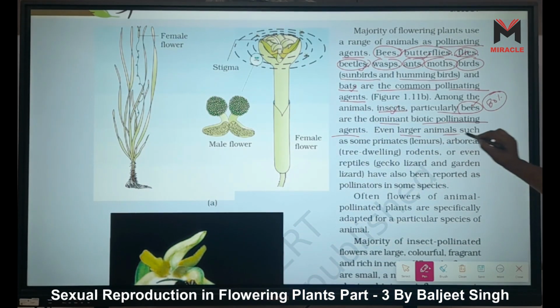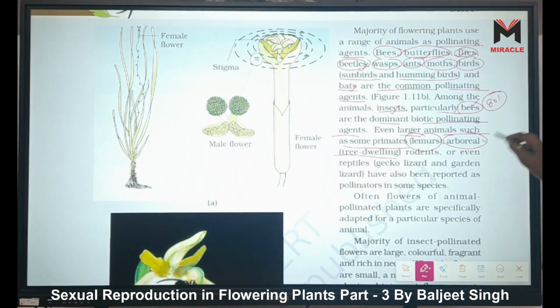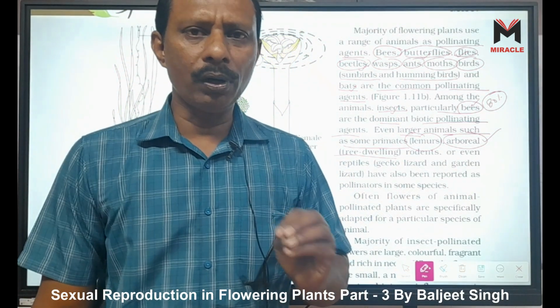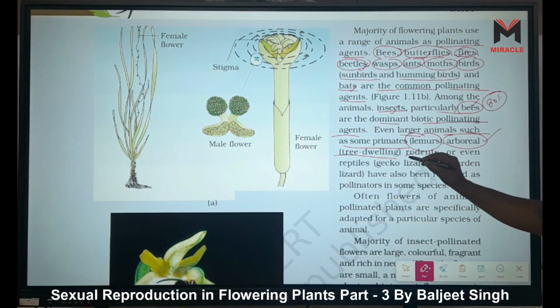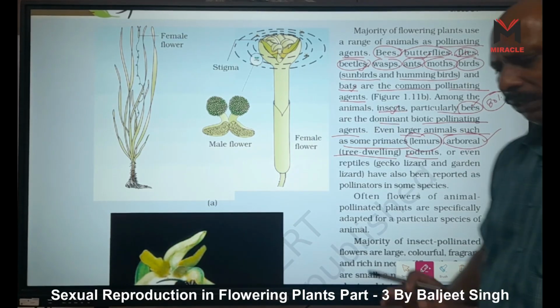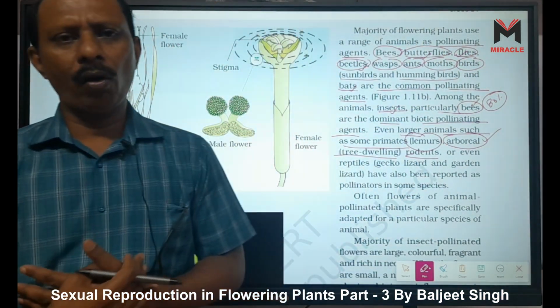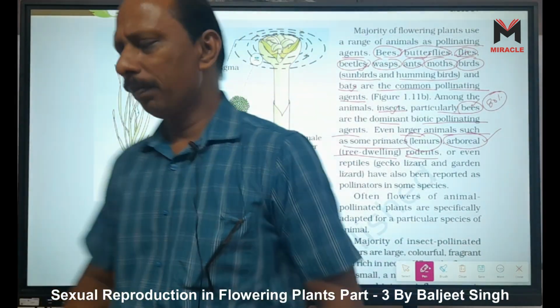Even larger animals, such as some primates, as for example lemur, arboreal, tree dwelling. Arboreal means what? Animals who live on trees. They are called arboreal, right? Like squirrels, rodents. Rodents means, in rodentia, it is an order in the mammal kingdom in which rat, mouse or squirrels come, right?